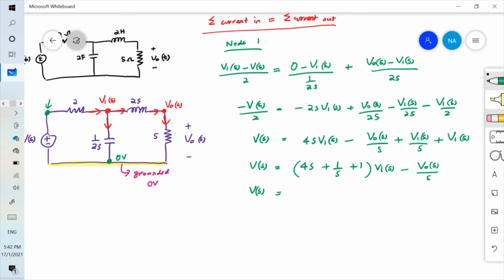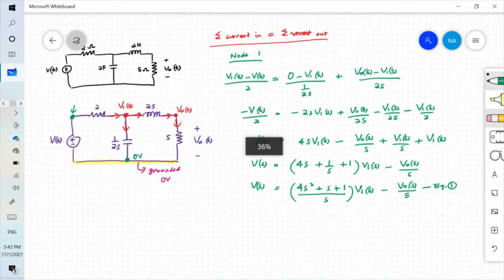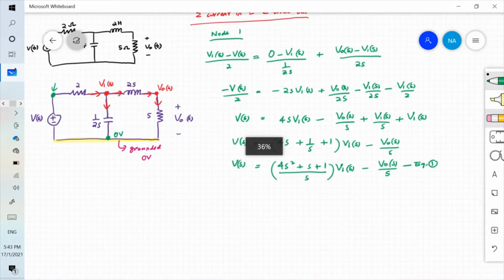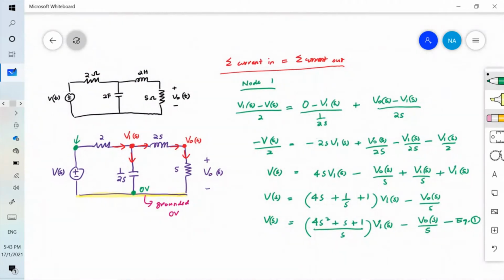So this term here for V1s will become 4s squared plus s plus 1 divided by s, V1s minus V naught s over s. So this is equation 1. I might have written this a bit too big, it's fine.